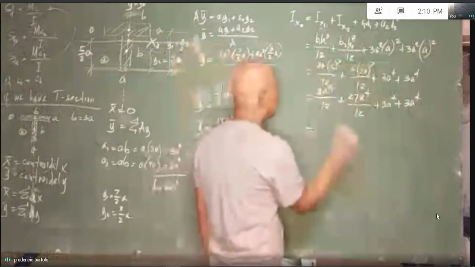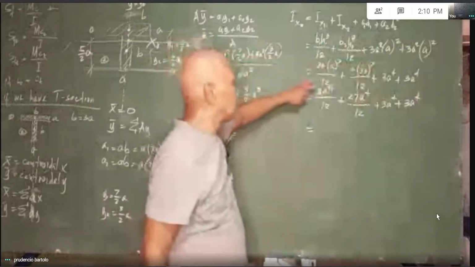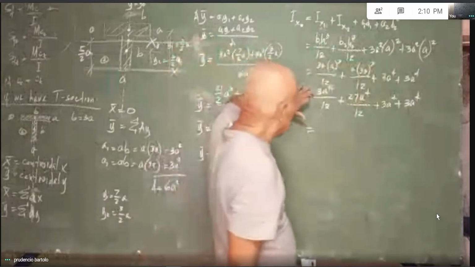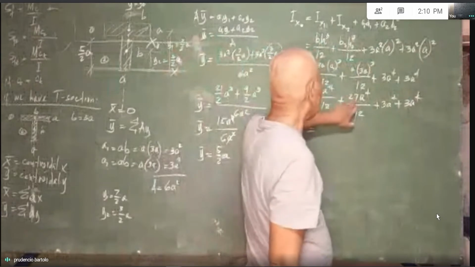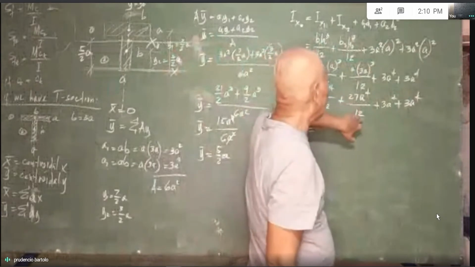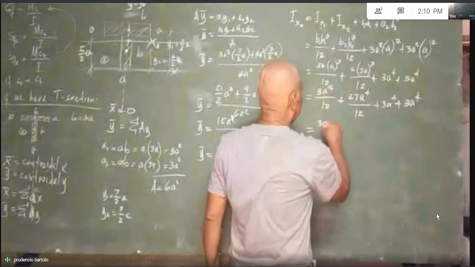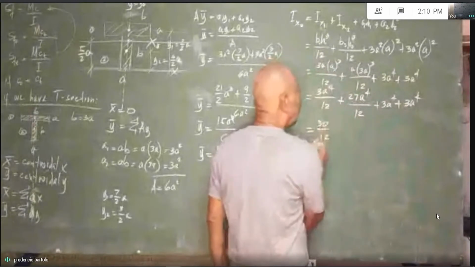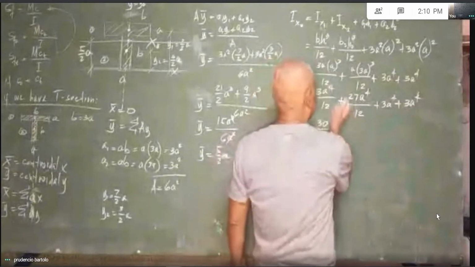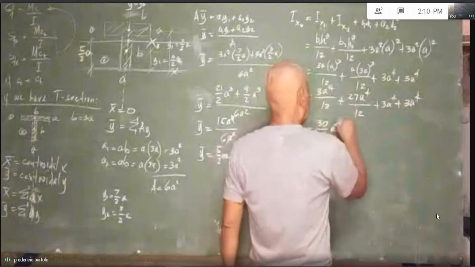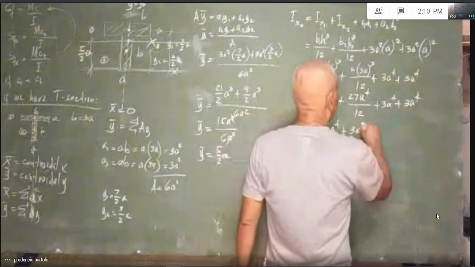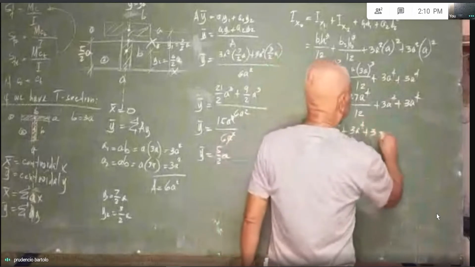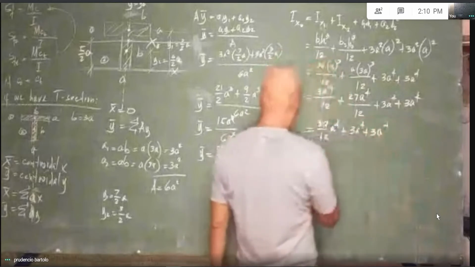Or that is equal to 30 over 12 plus a to the 4 plus 3a to the 4 plus 3a to the 4.